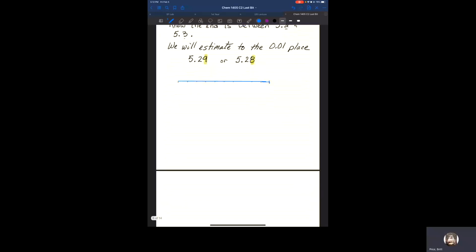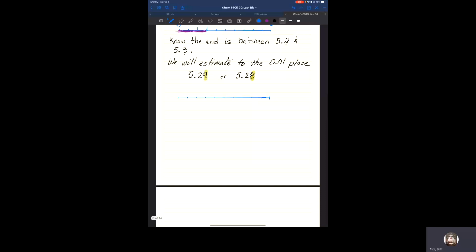Okay, let's try this. Okay, now, now I have this at 5.2, and over here I've got this at 5.3, and I can make those marks just a little bit bigger. There we go.